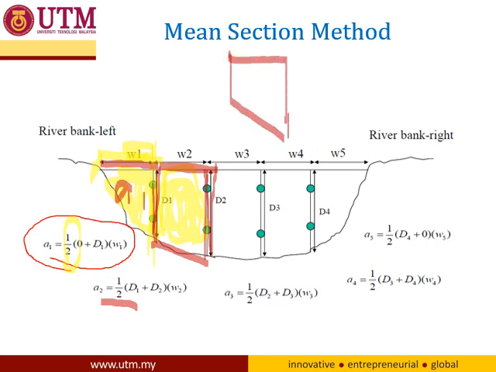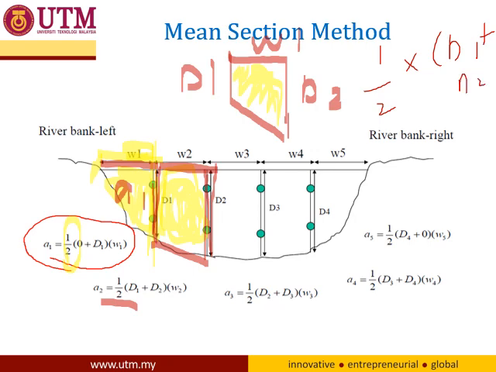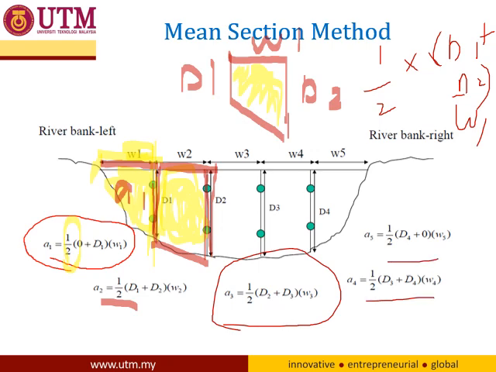So you have D2, you have D1, you have W1. If you want to get this area, it's the trapezoidal formula: half multiplied by D1 plus D2, and multiplied by W1. So this is for the mean section method, this is for the area. For area 3, area 4, and area 5, use the same formula.